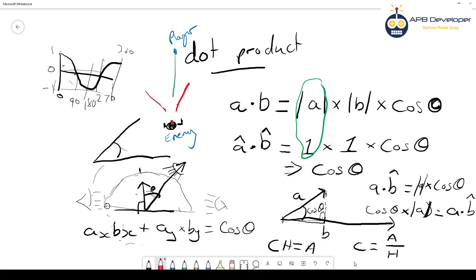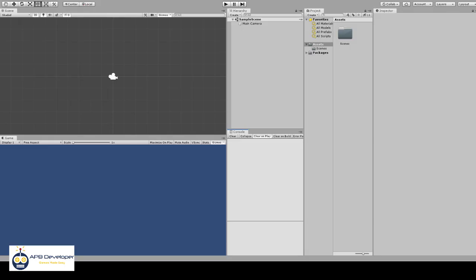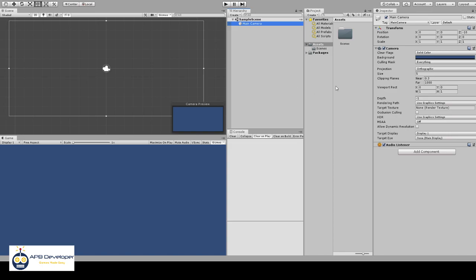What I'll do is load up Unity, and we'll hopefully be able to quickly do an example. Right, so hopefully now you can see Unity. I've just created a blank 2D project. What I'm going to do is add a 2D sprite.